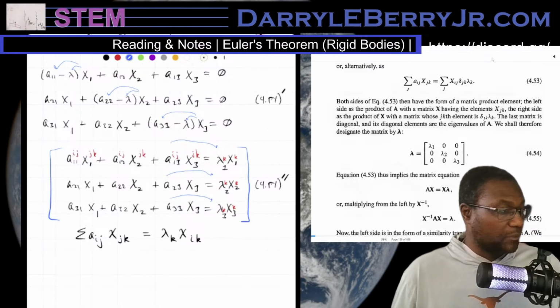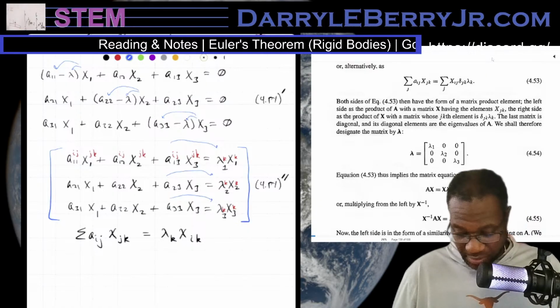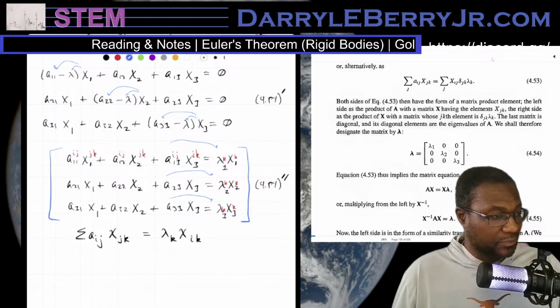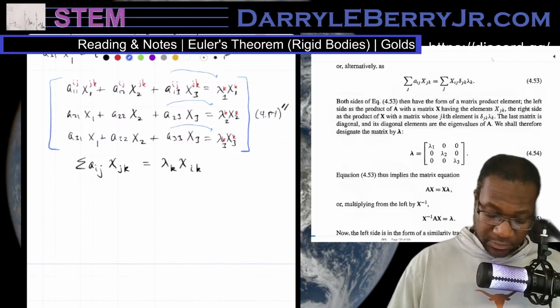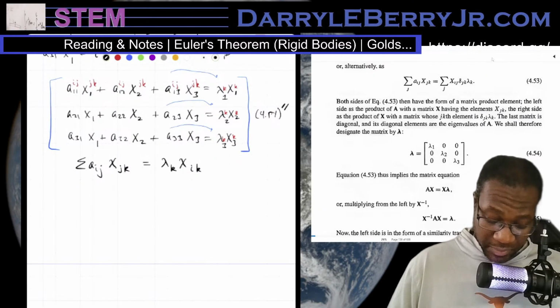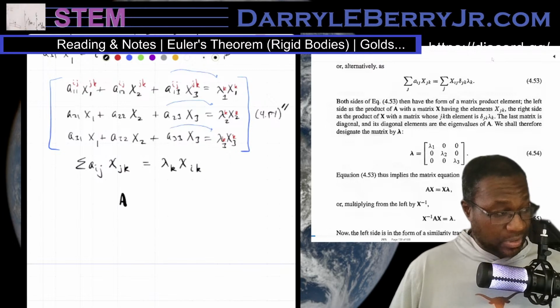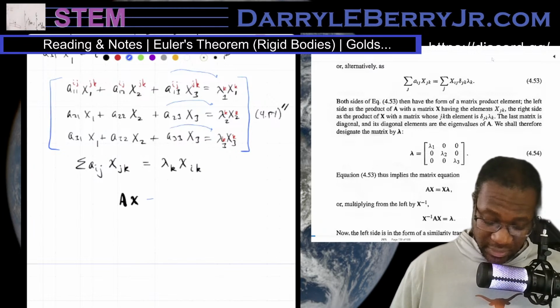Both sides of equation 4.53 have the form of a matrix product element, which, as I was saying before, is the product. The left side is the product of A with the matrix X. Even though I think this notation is pretty obtuse, they are getting the point across, I guess. You have this.